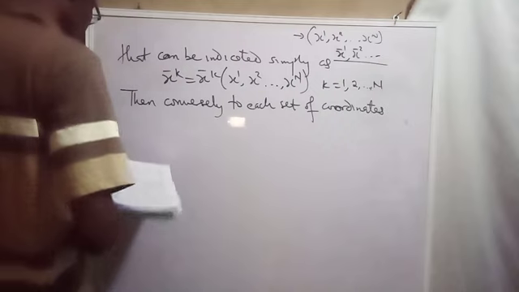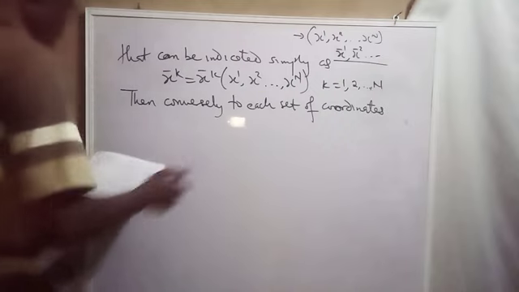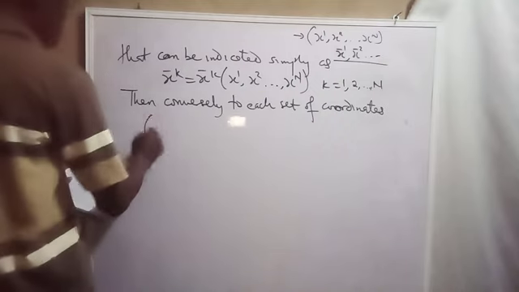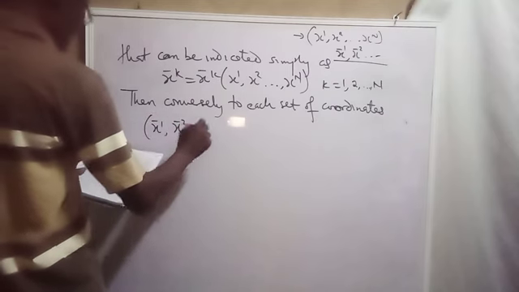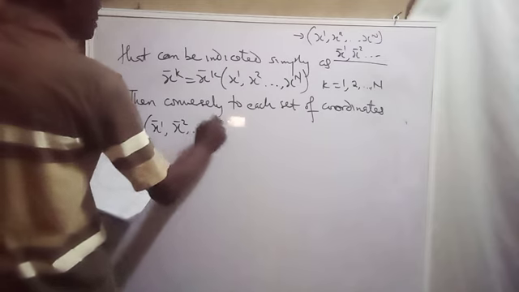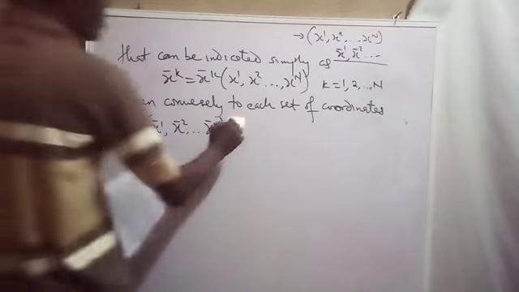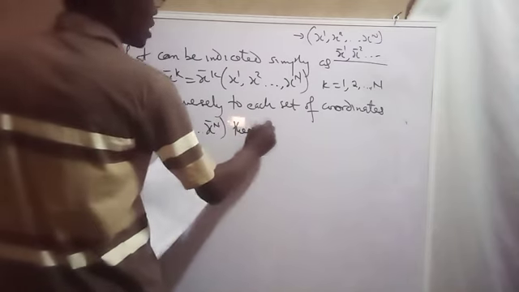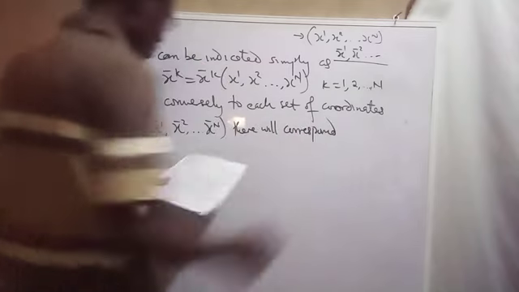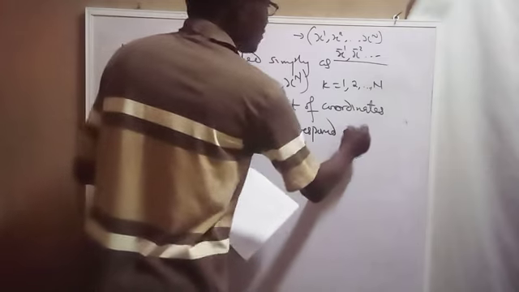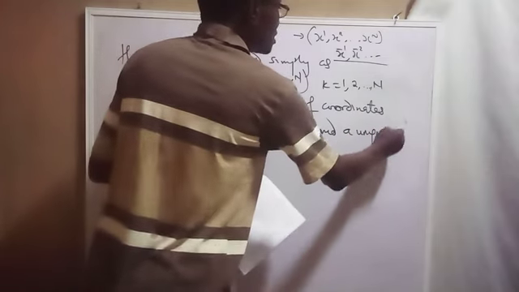We can have, instead of coordinates x bar 1, x bar 2 to x bar n, there will correspond a unique set, of course, a unique set.